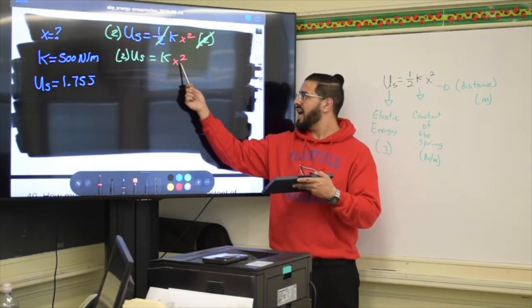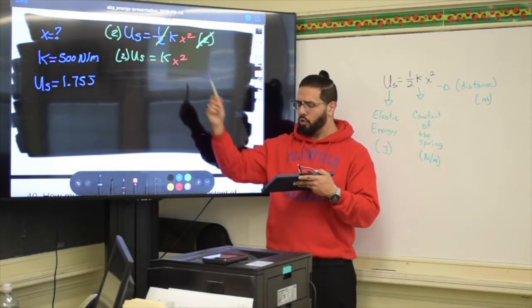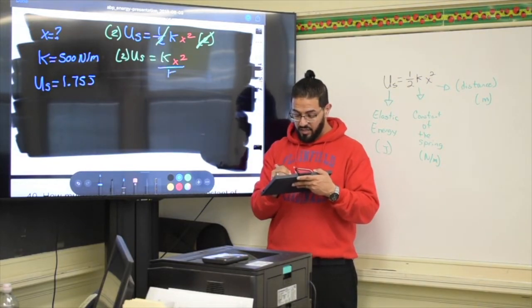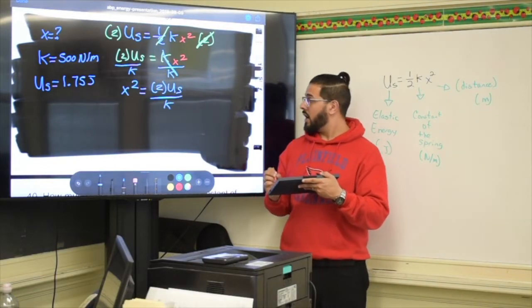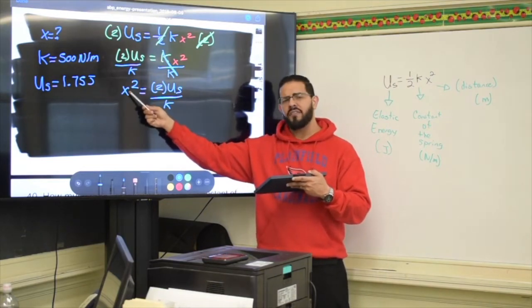Now, if you see, x is not alone again, we need to cancel now. X and k are being multiplied, and the opposite of multiplication is division. That means we're going to divide by k on both sides. Cancel. We switch the equation. And now we have this part right here, but x is not alone, we have the square.